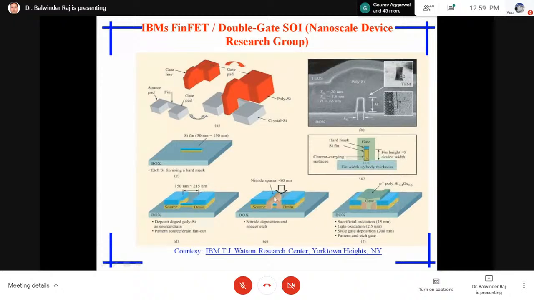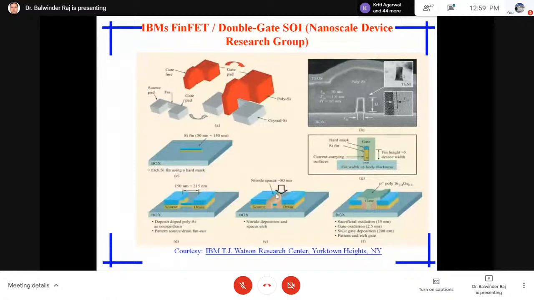Then after this, there is a nitride for the spacer. As in the previous structure I have shown, the gate does not fully cover the whole distance from source to drain, but a spacer is there, and in the spacer we add some insulation material.